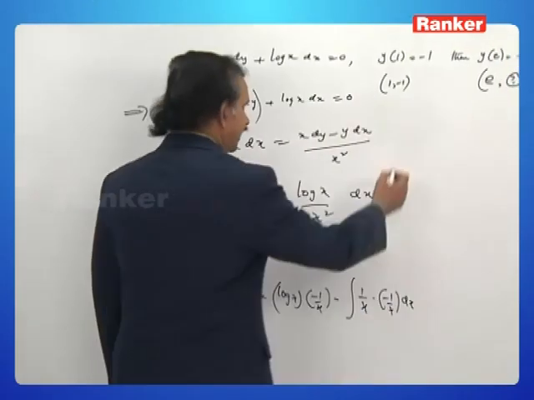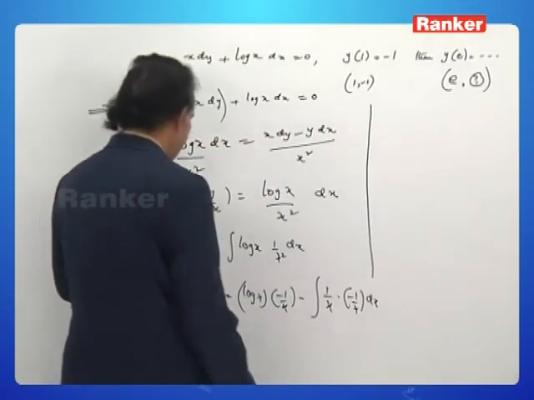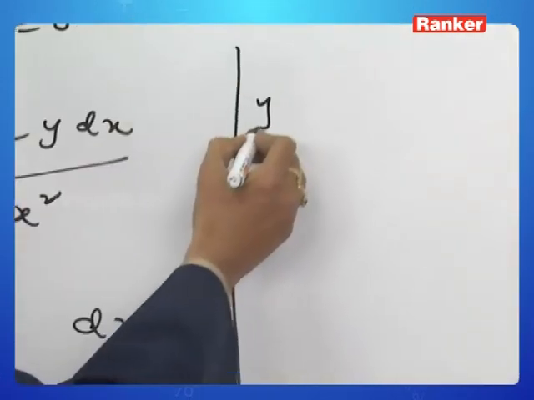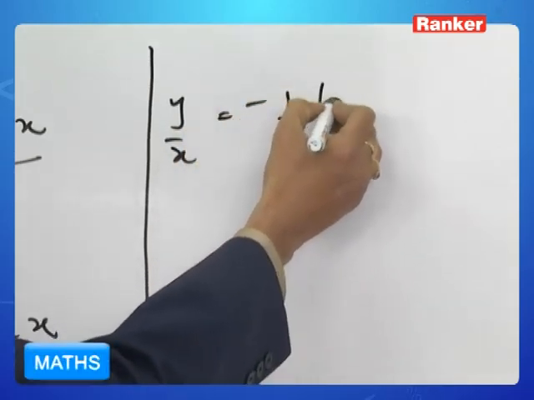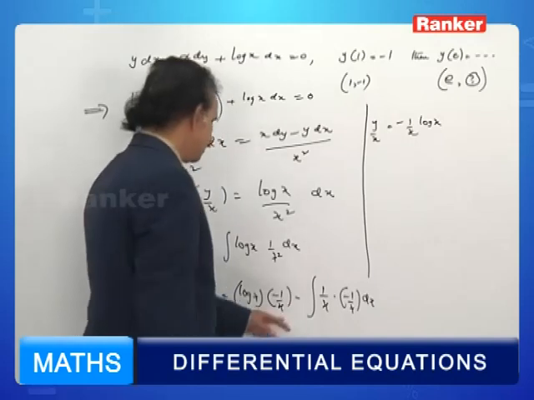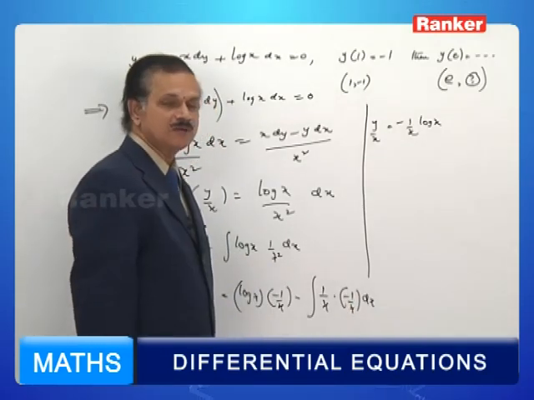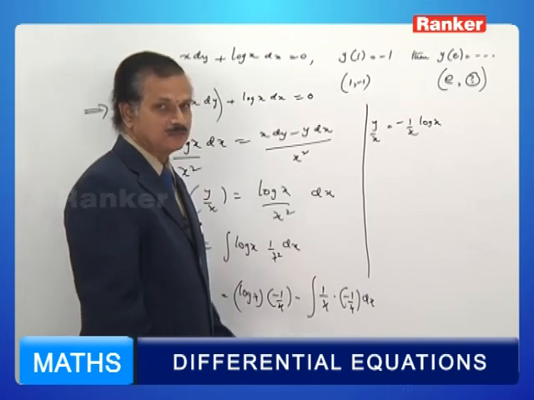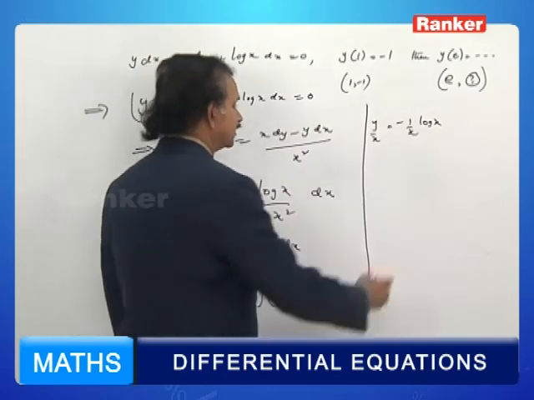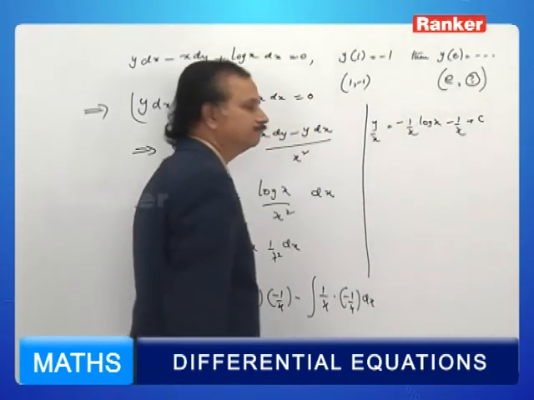Okay, the next step. Therefore, y by x is equal to minus 1 by x into log x, minus of minus, plus 1 by x into 1 by x square. The integral of 1 by x square is again minus 1 by x, so minus 1 by x plus c.